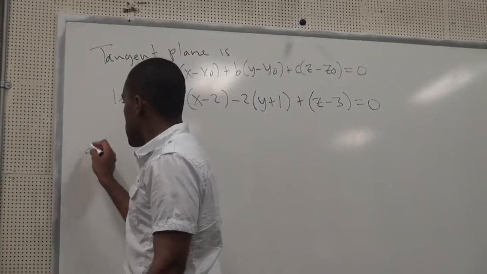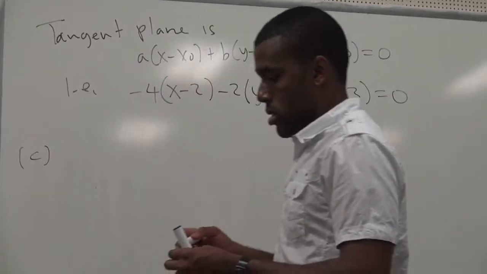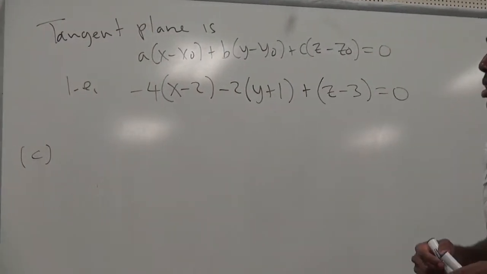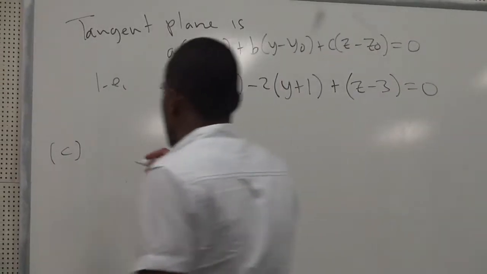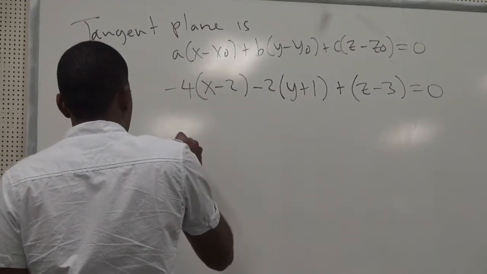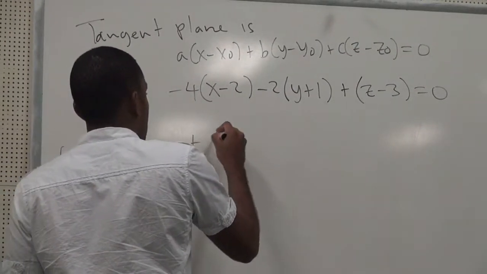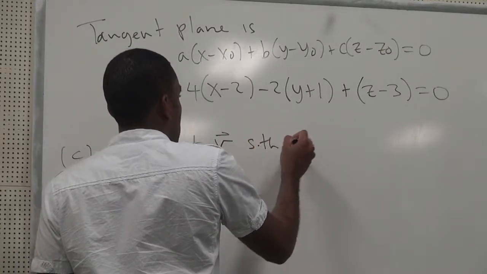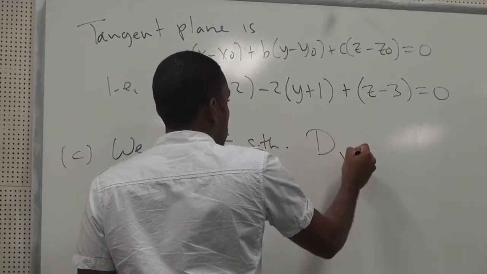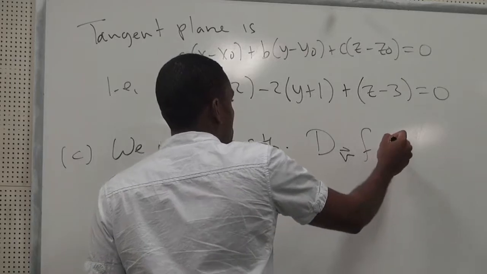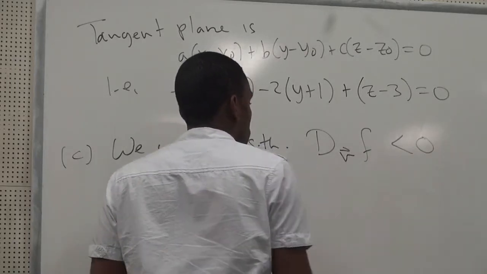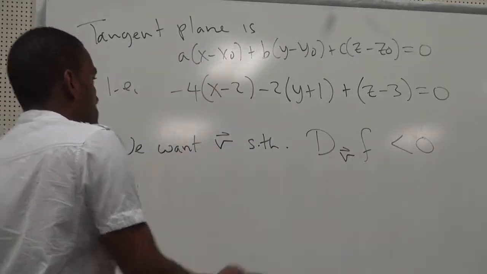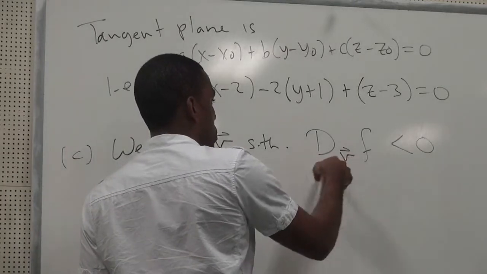And part C. We want b such that the directional derivative in the direction b of f is negative. How do you find this?